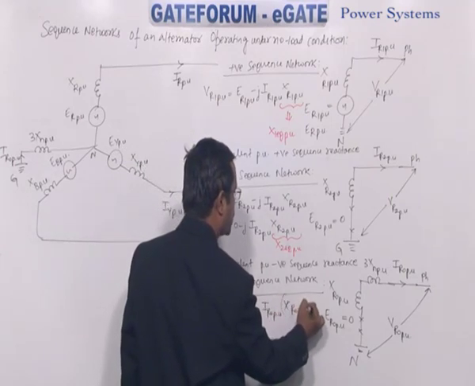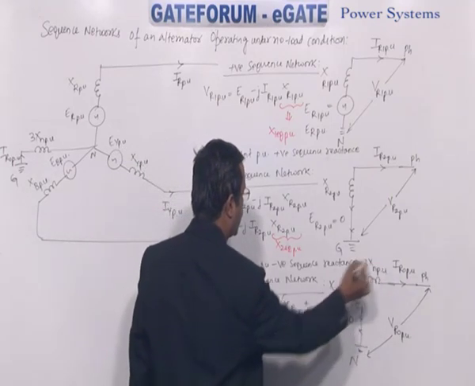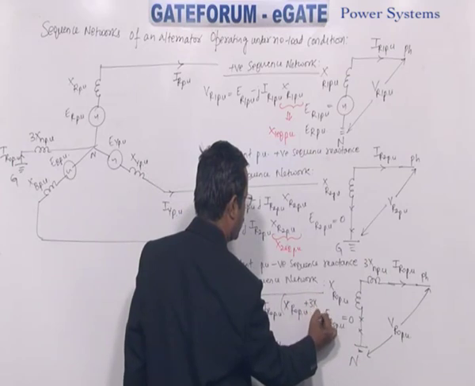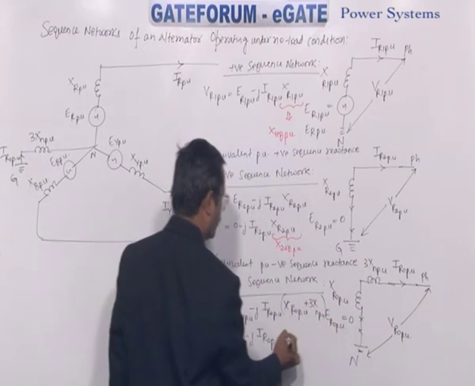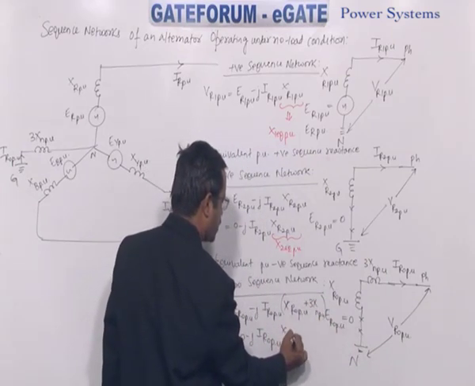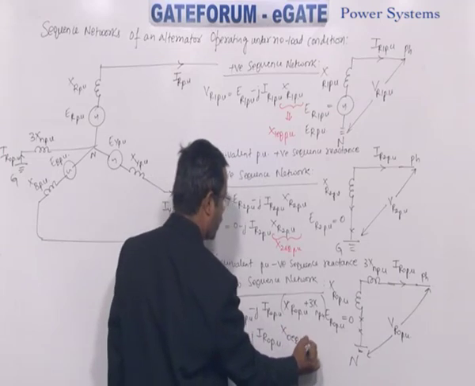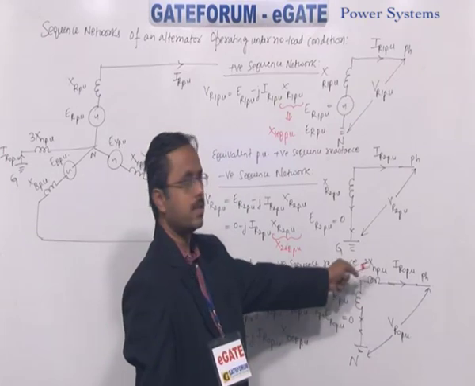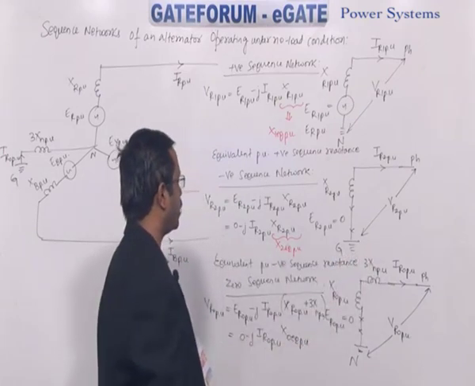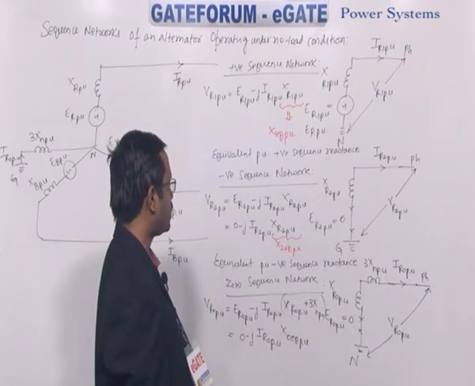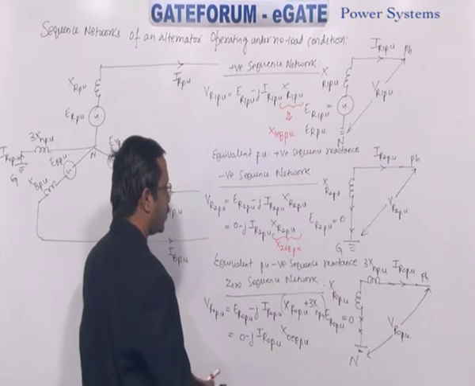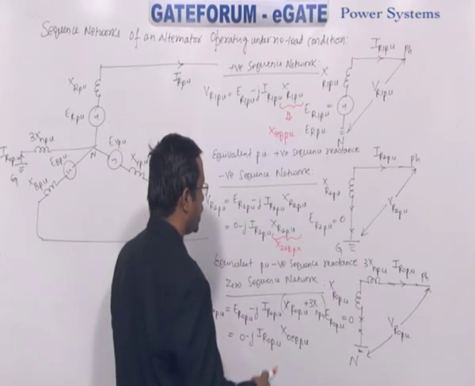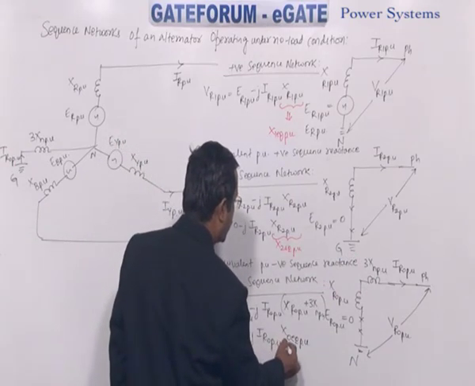Now it is not only flowing through XR naught but also flowing through 3XN. So it is X naught equivalent per unit: XR naught plus 3XN per unit. So what do you call this X naught equivalent per unit?